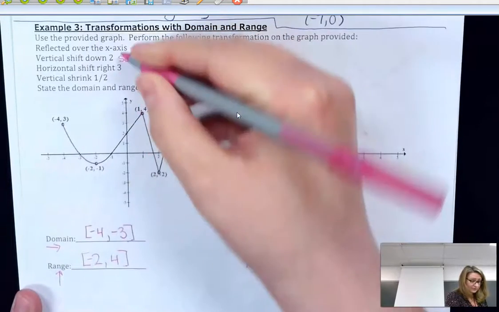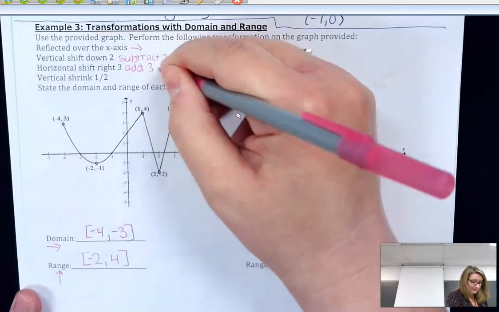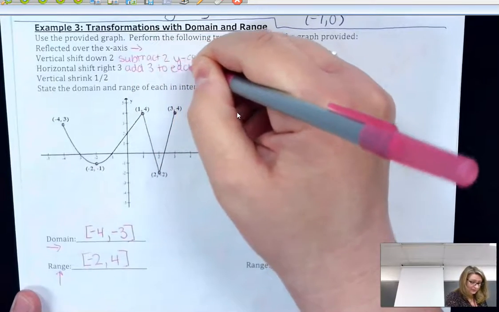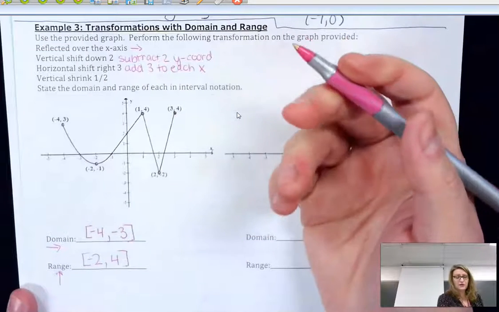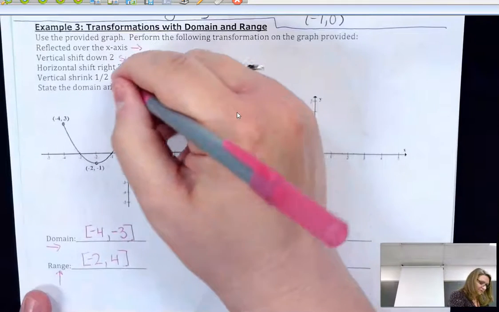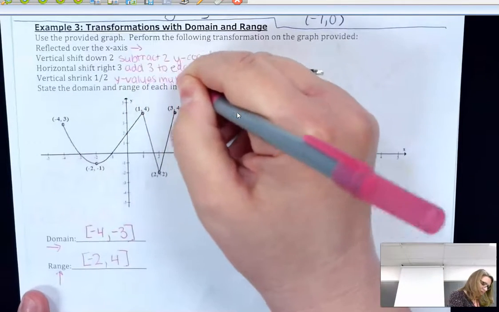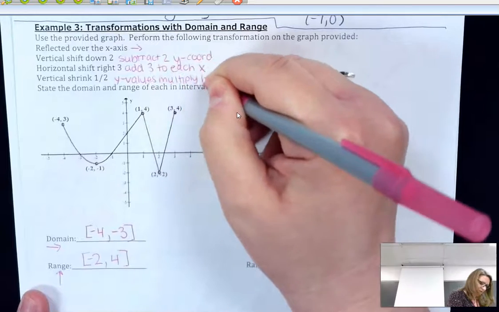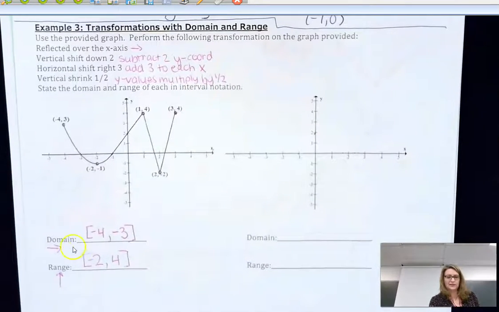Horizontal shift right 3, I'm going to add 3 to each x coordinate. Vertical shrink of 1/2. A vertical shrink is going to affect your y values, so y values multiply by 1/2, and then we'll state the domain and range once we get that going.